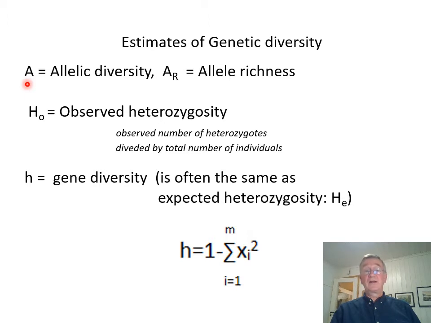We're just looking at the number of alleles. Of course, this method, allelic diversity, is very sensitive to sample size. Because if we are just collecting a few samples, we might miss some alleles. So if we count more samples, we will more likely find more alleles and also have a higher value of A.